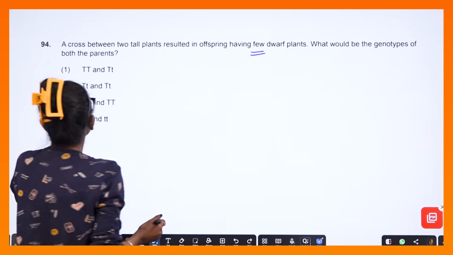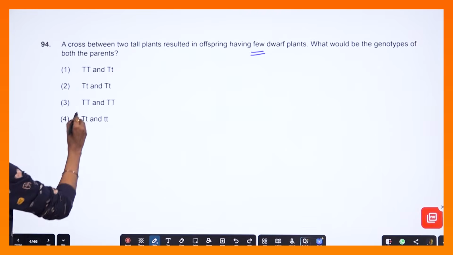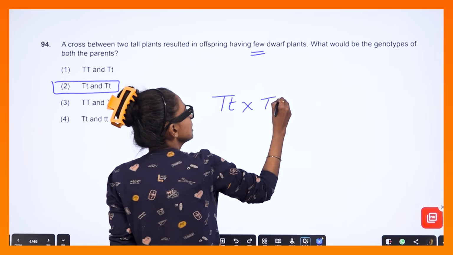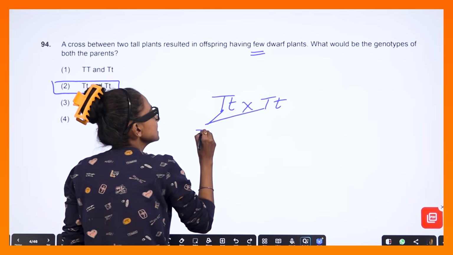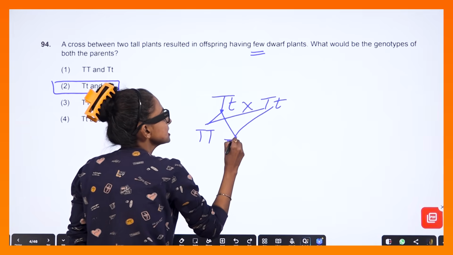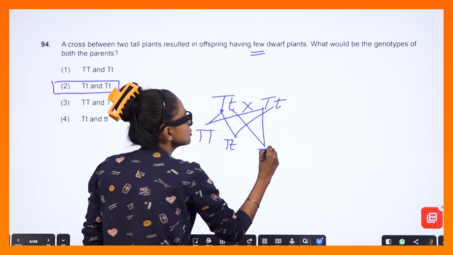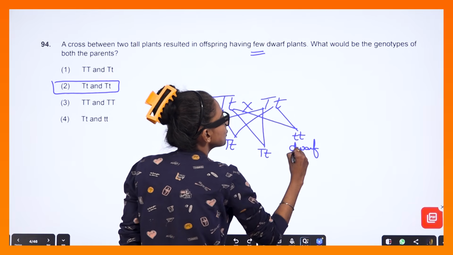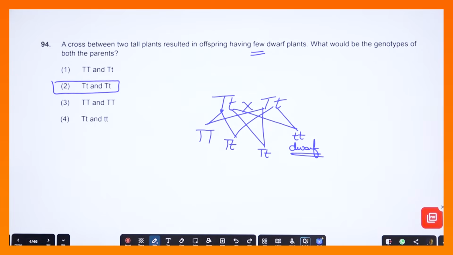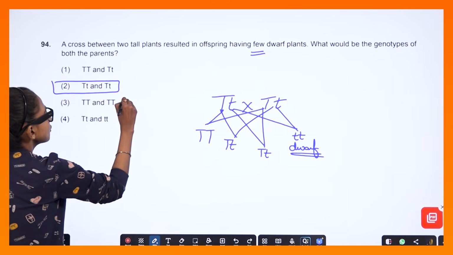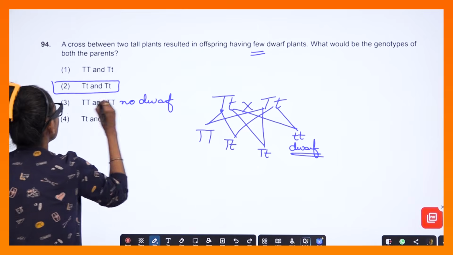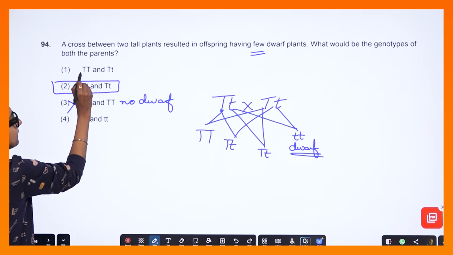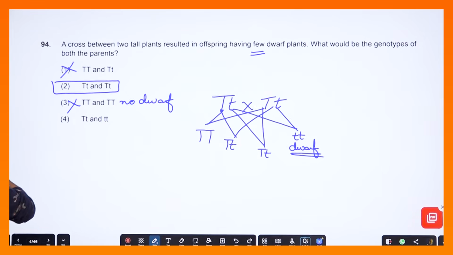Suppose I take this cross, Tt into Tt. I get TT tall, Tt tall, Tt tall, and tt dwarf. Out of 4, only one plant is dwarf. Here, though, no dwarf, so this is not happening. Over here, T and t, no dwarf, so this is also not working.